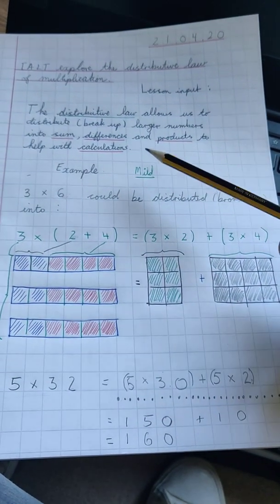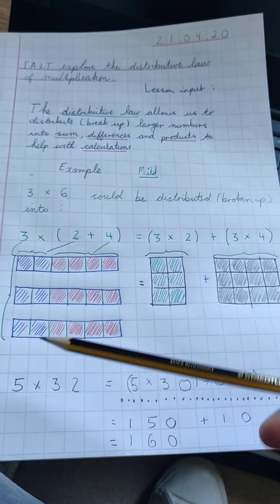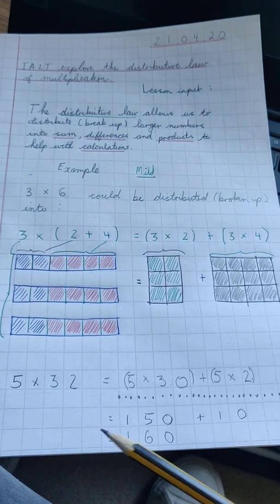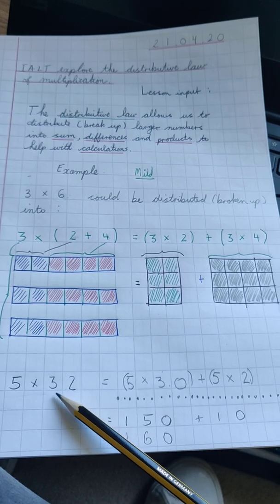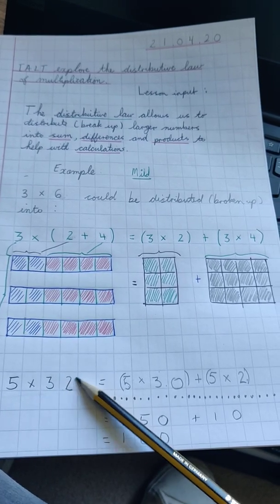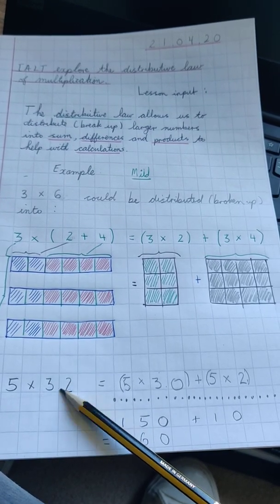Now for mild, I would like you to select one multiplication and apply the distributive law to it. Make sure that the numbers are quite high for one of your factors.